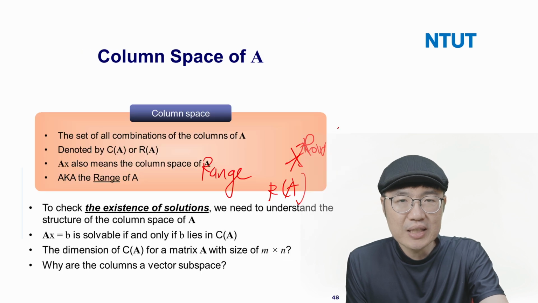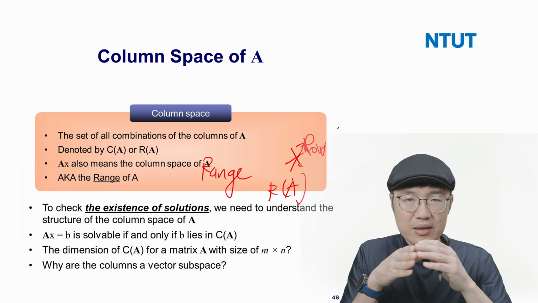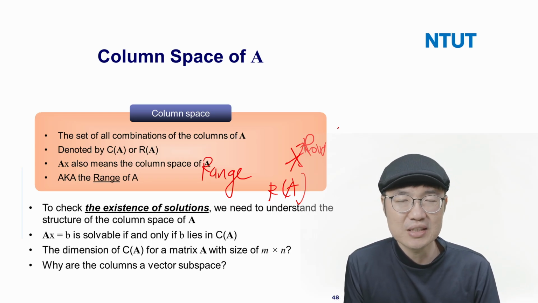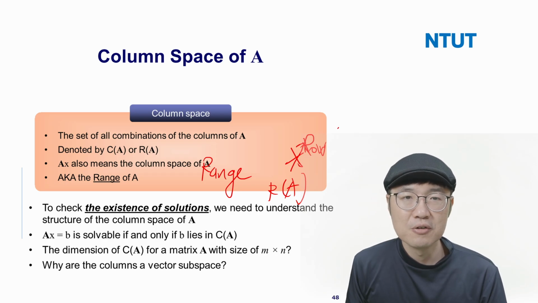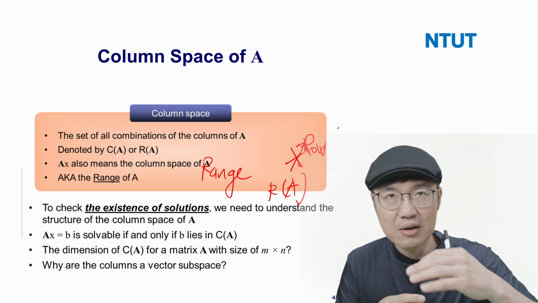This also means that b must be in the column space of A, because the definition of column space is the set of linear combinations of all the columns. So we have advanced our knowledge.